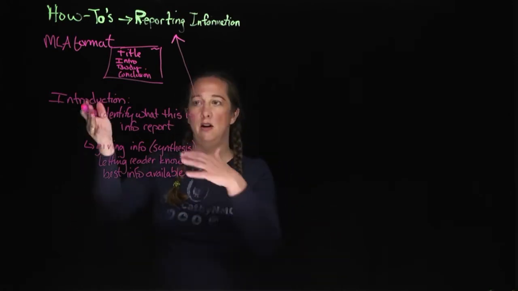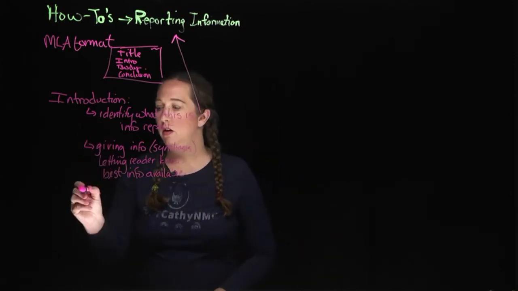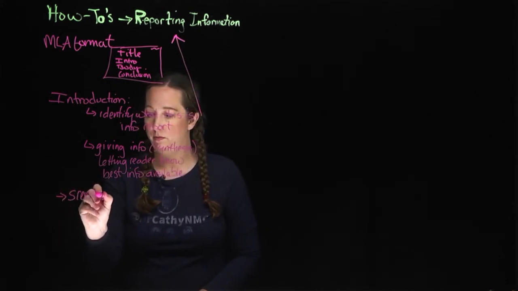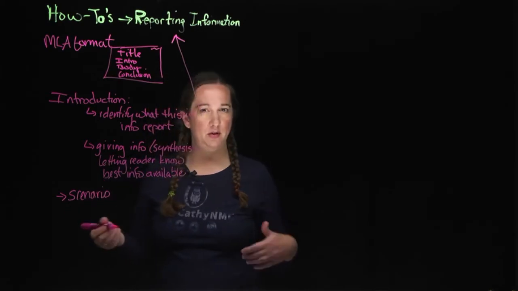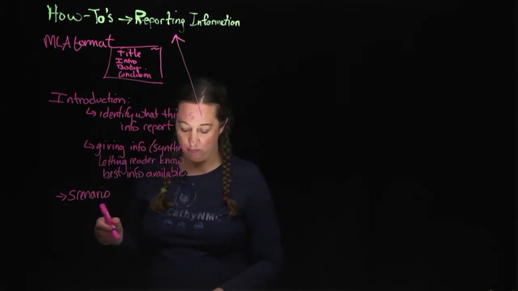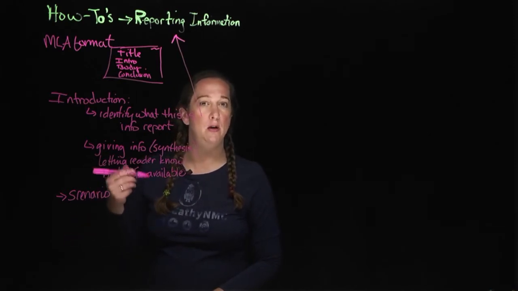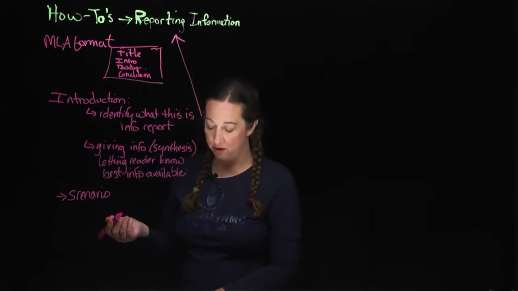So in our introduction, after we've covered these pieces, you need to tell us a little bit about the scenario. What is the situation that you're working through? And as we do this, we obviously are also going to share parts of the rhetorical situation.